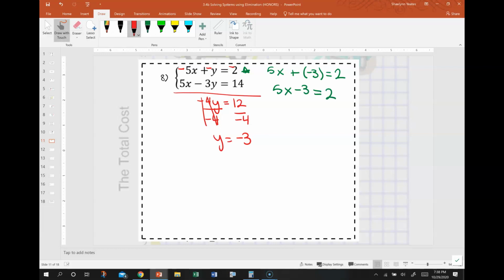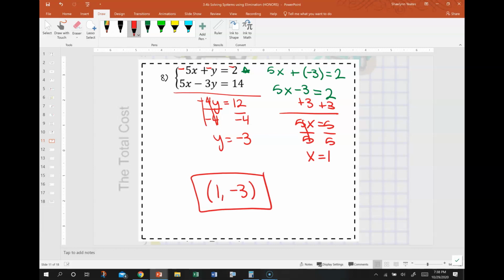So from here, I can just add 3 to both sides. And I get 5x equals 5. Divide both sides by 5, and I end up with x equals 1. So my solution would be (1, negative 3).